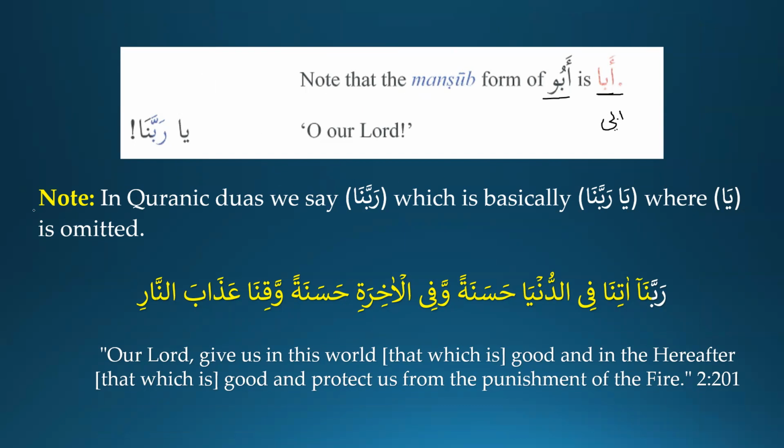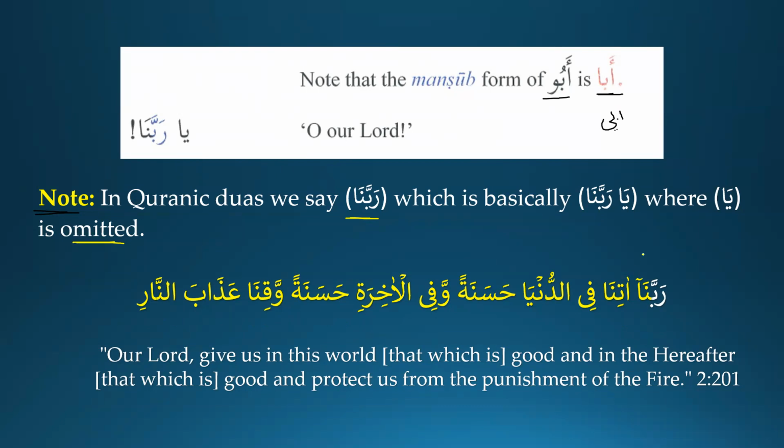In the Quranic du'as, as I was mentioning in the previous part of the lesson, we say Rabbana, which is basically Ya Rabbana, where ya is omitted. This is the usloob of the Quran, as we can see here: ربنا آتنا في الدنيا حسنة وفي الآخرة حسنة وقنا عذاب النار، ربنا ظلمنا أنفسنا، ربنا هب لنا من أزواجنا.